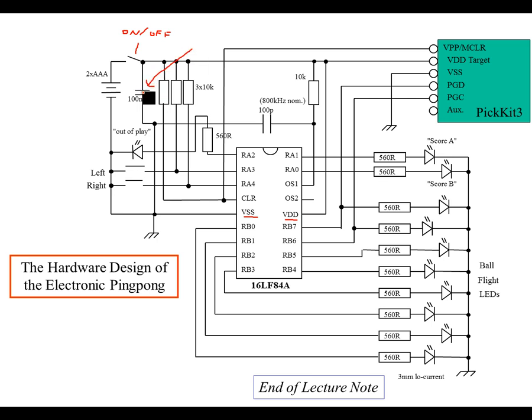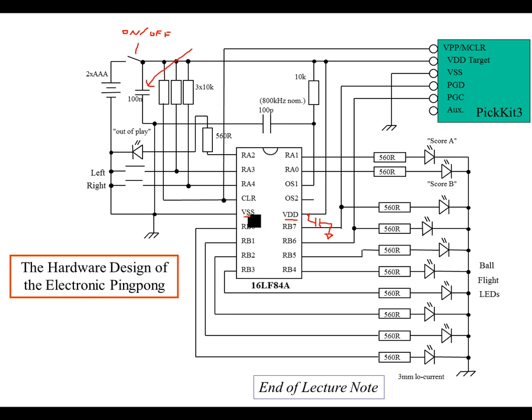Even though on the schematic it's shown as being far away from the chip, that doesn't mean you put it far away from the chip when you actually do the layout. When you do the layout, that capacitor, the 100 nanofarad, is going to be really close to the pin. So a better way to draw it on the schematic would be to draw it right here. I like to draw it really close to the pin, just to denote where it's going to be.